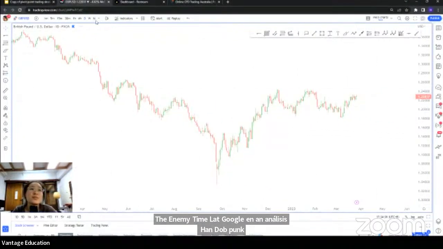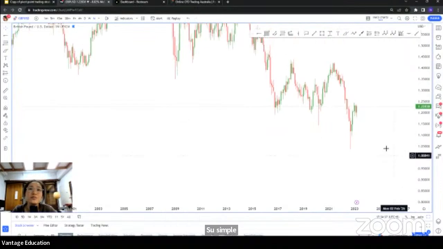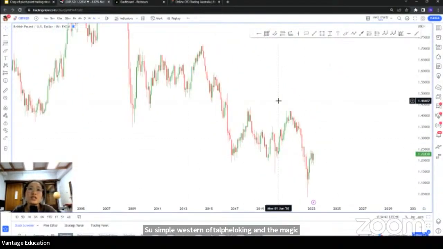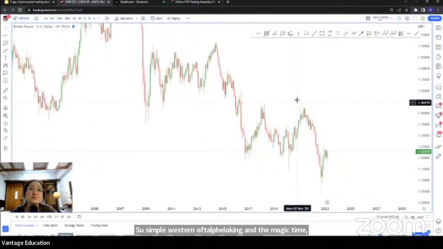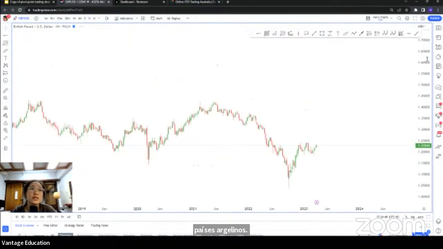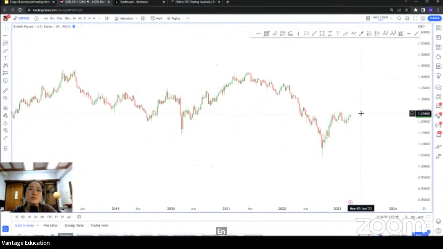So same thing, we start off by looking at the monthly time frame. We start off looking at a longer time frame so we know where prices are heading. You can see the pound dropped. We look at weekly. You can see a swing low support over here.